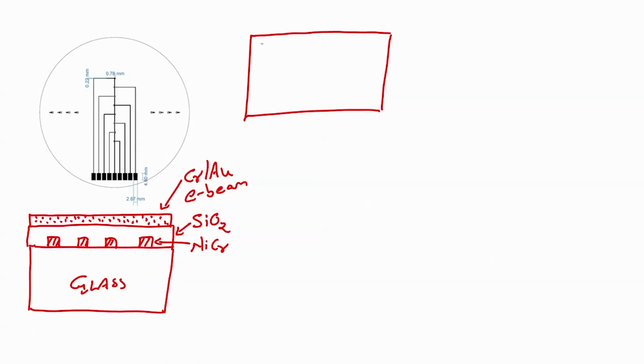I have chrome gold, right, I have an insulating layer and I have a micro heater. Correct. On this I will spin coat photoresist.